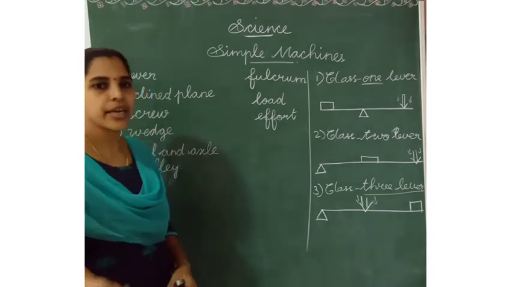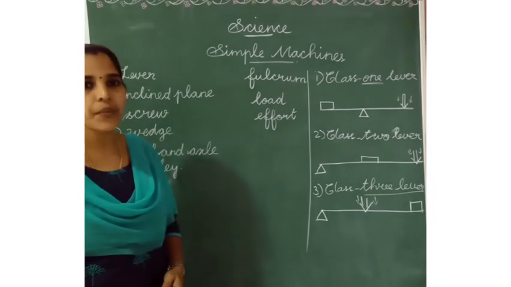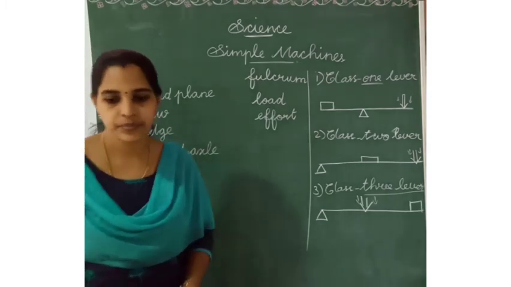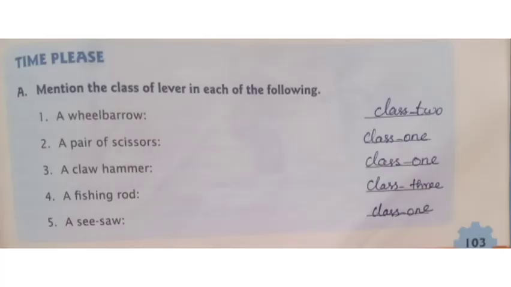Now we can do one exercise from the book and a worksheet from the workbook. Children, take the student's book, page number 103, Time Please section, Question A. Mention the class of lever in each of the following.